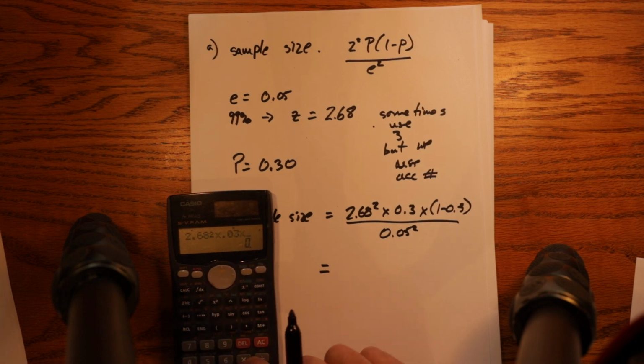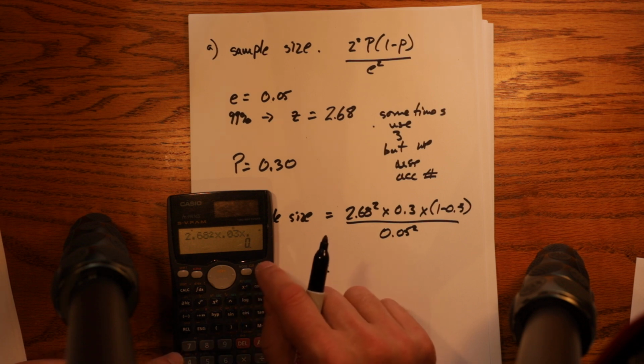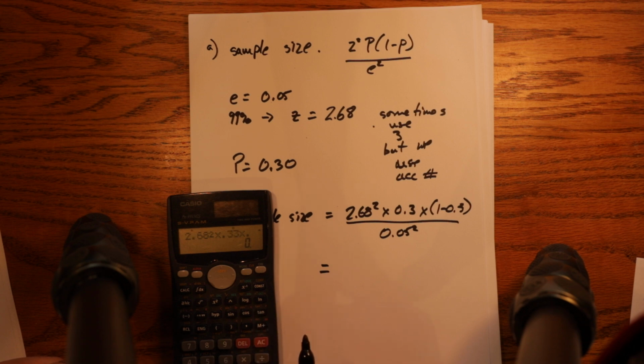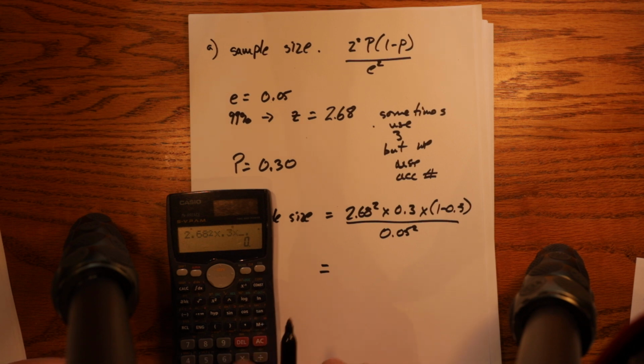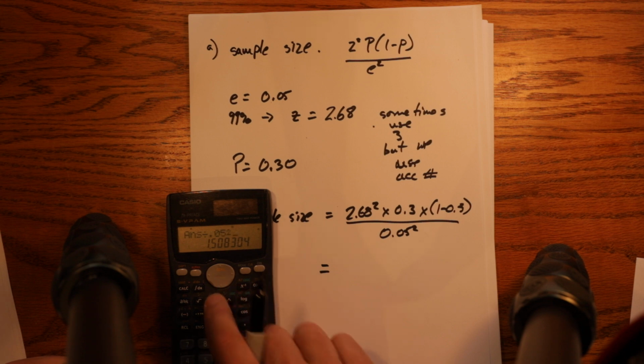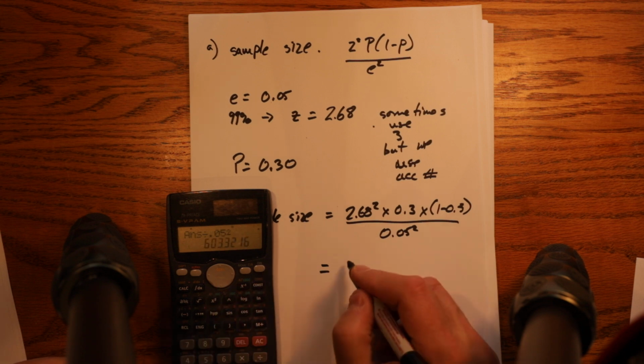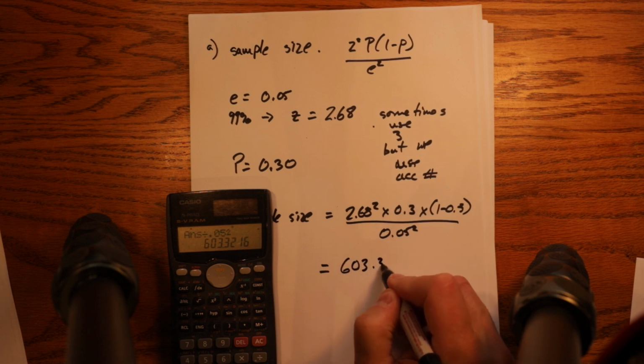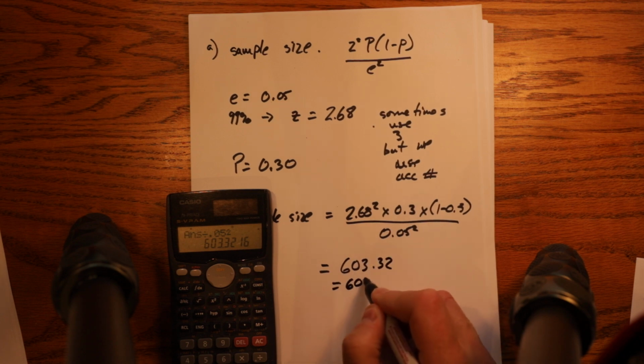0.03 times, it's not 0.03, I was right the first time, times 0.3 times 0.7, divided by 0.05 squared, equals 603.32, which rounds up to 604.